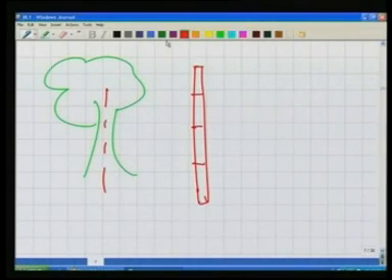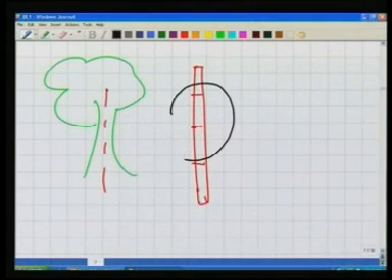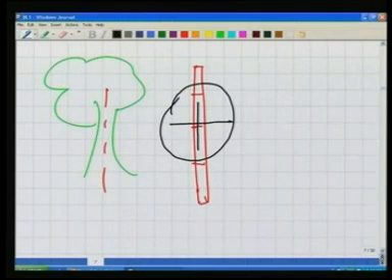Now we want to bisect this ranging rod. So what we do? This is what you are seeing through the telescope on the ranging rod, our field of view, and we align our crosshair with the center of the ranging rod. So this aligning of the crosshair with the center of the ranging rod is the bisection.